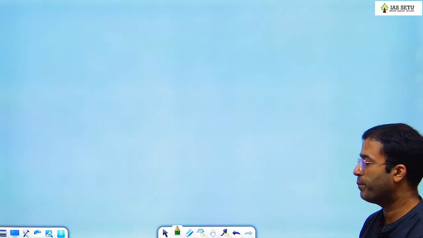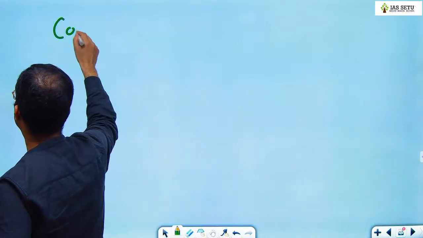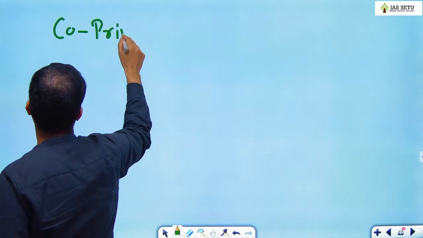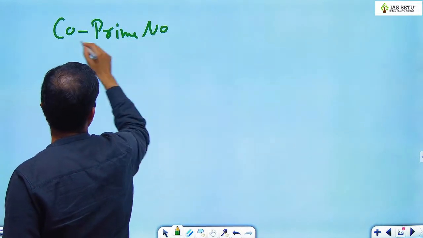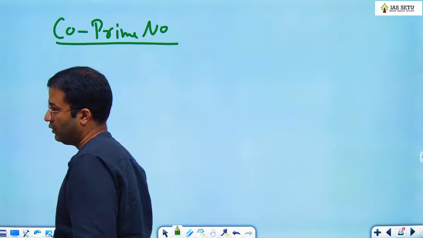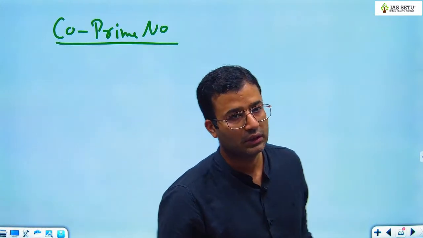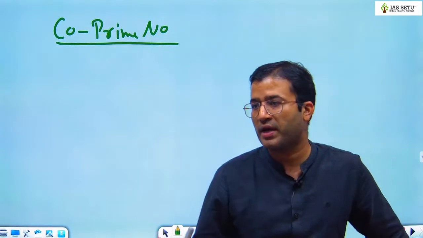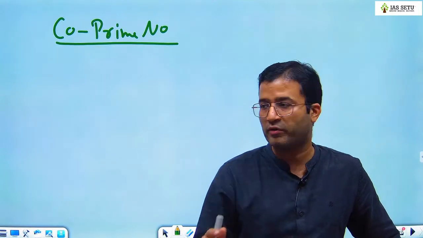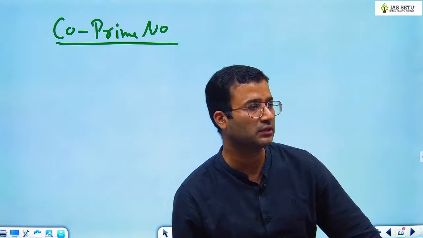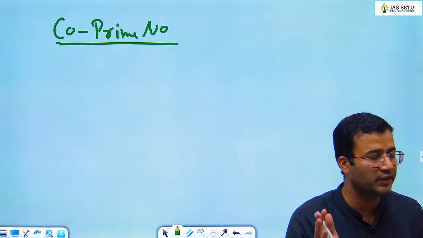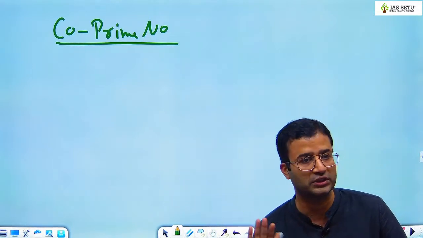Next you put the heading co-prime number. Any doubt? Perfect number, twin prime, prime, proper fraction, improper fraction, natural number we divide as 1, prime number, composite number.